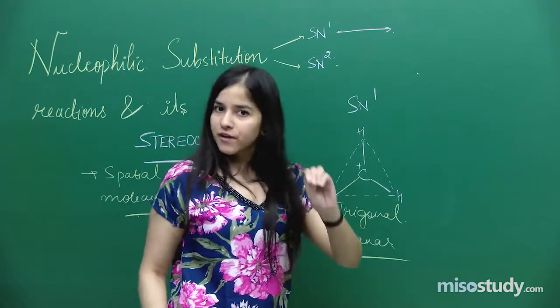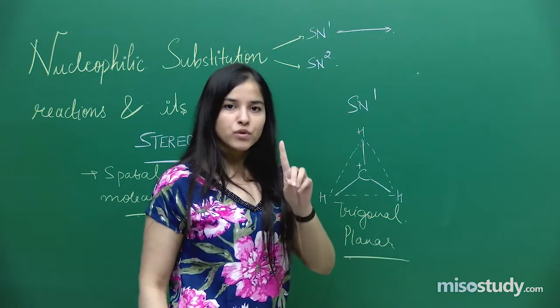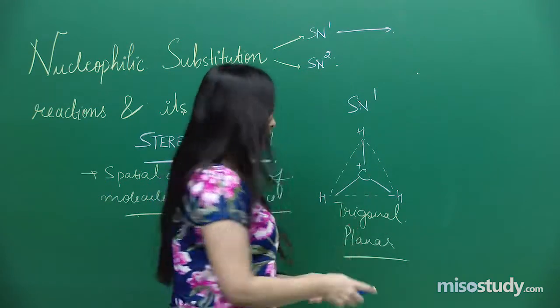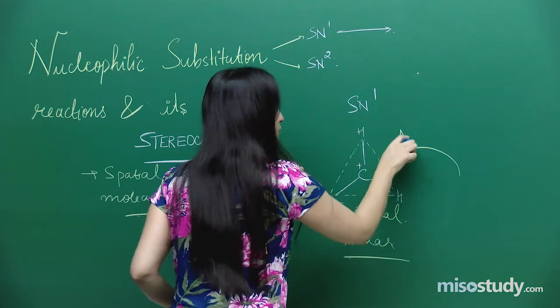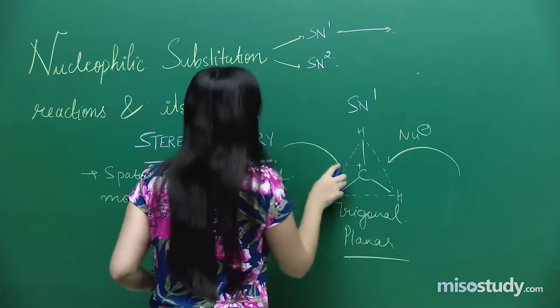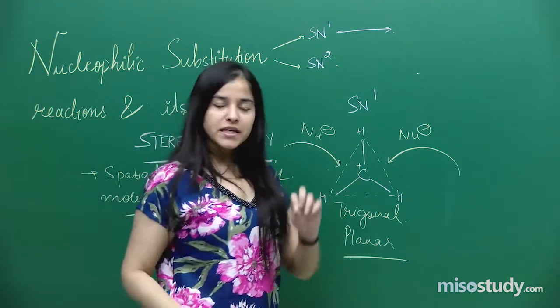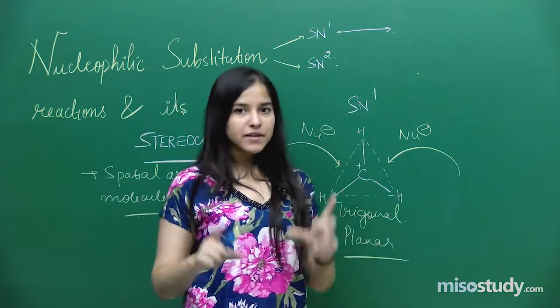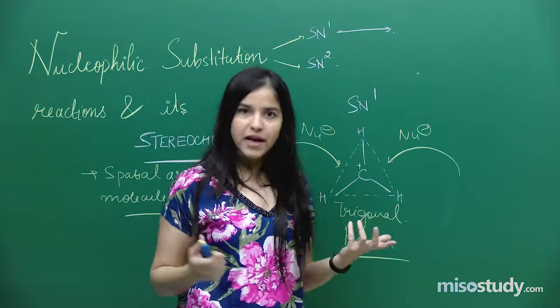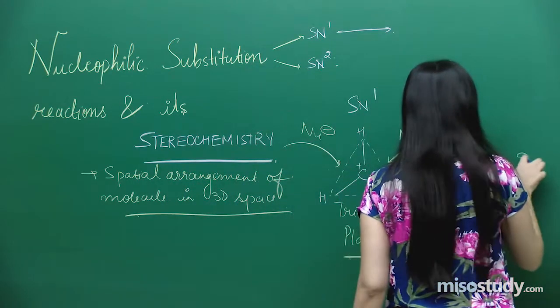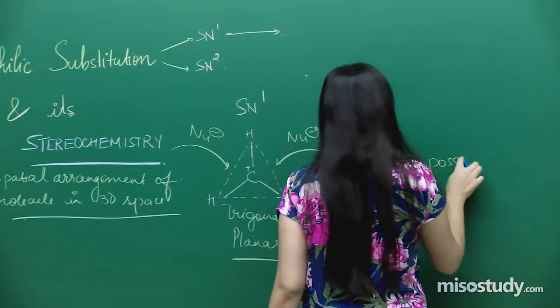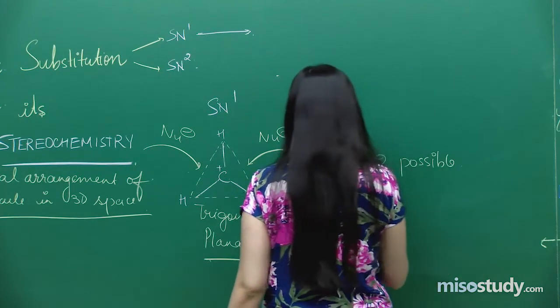Now, the final step is related to the nucleophilic attack. The nucleophile can attack from this way, and the nucleophile can attack from this way. There are two possibilities. In each possibility, I will be getting different arrangements of atoms, so there are two possible arrangements.